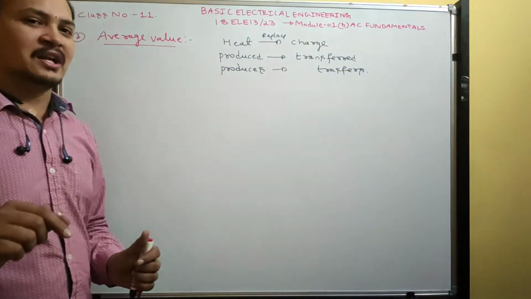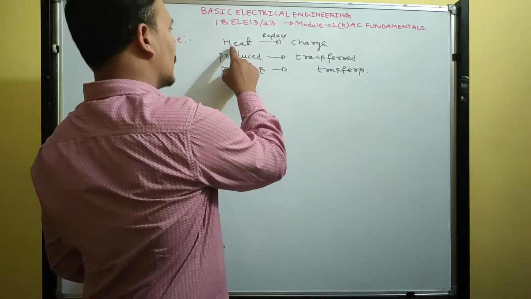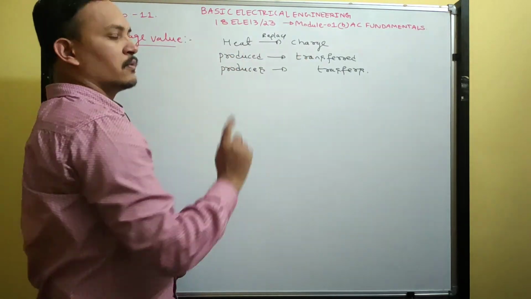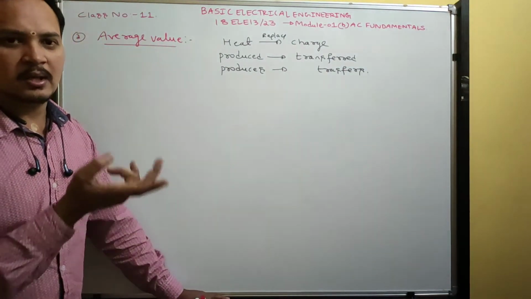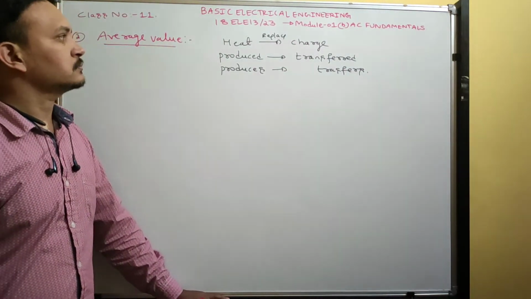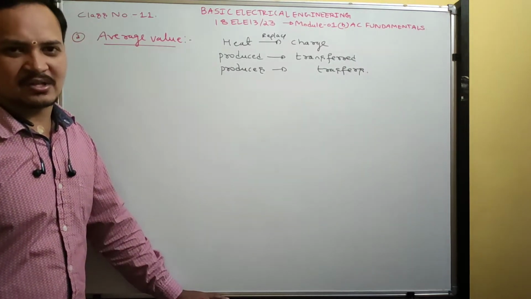What you wrote as the definition for RMS value, write the same definition but replace the following words by these words. Now I will tell the definition. You can sync with the RMS definition. At the start, RMS value is replaced by average, obviously.